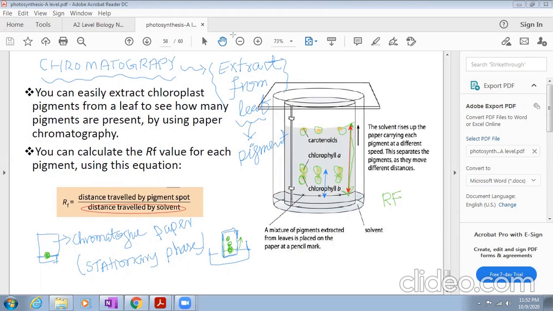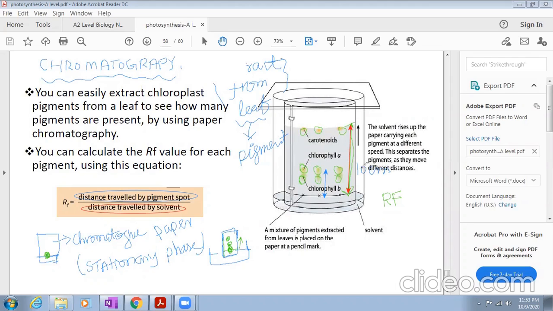So let's see this one. Now if I'm going to find Rf for chlorophyll A, let's suppose the distance traveled by solvent is, for example, 10 centimeter, right?